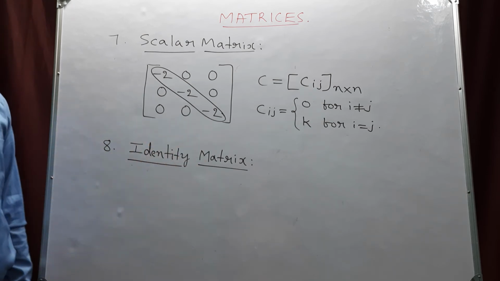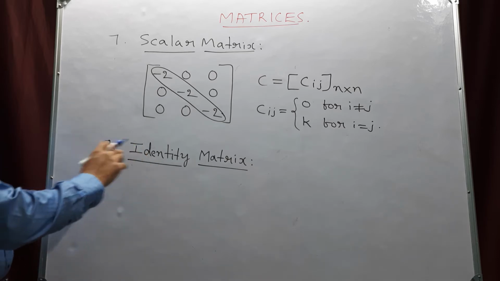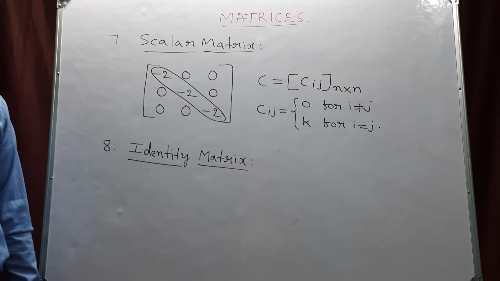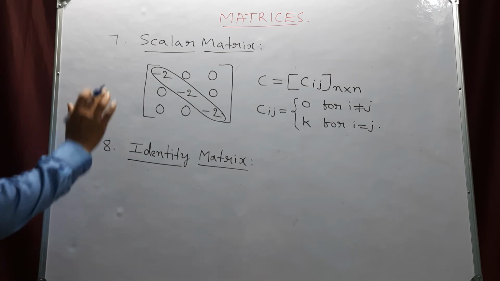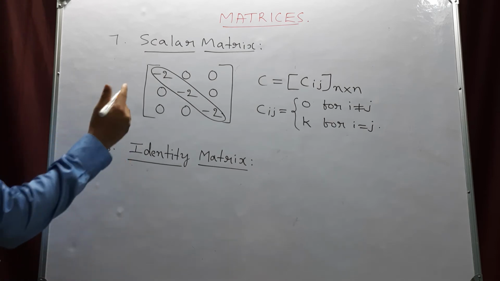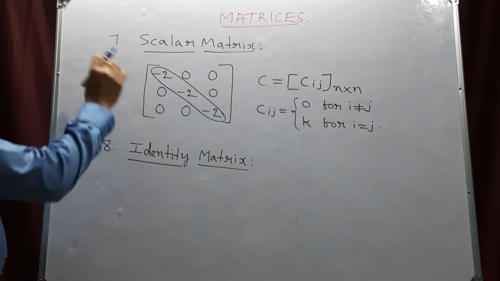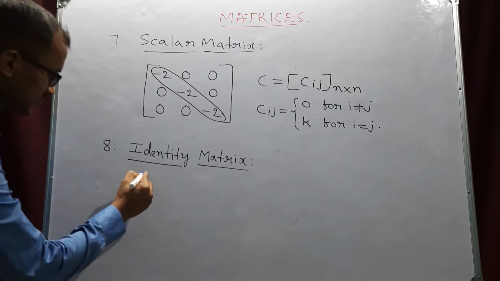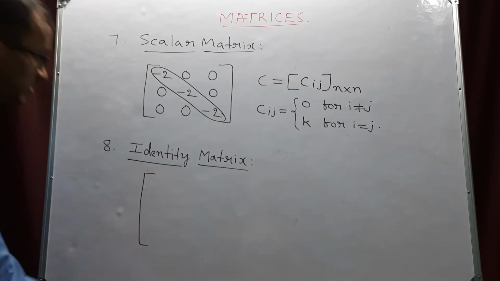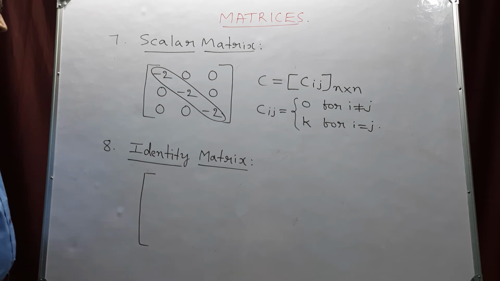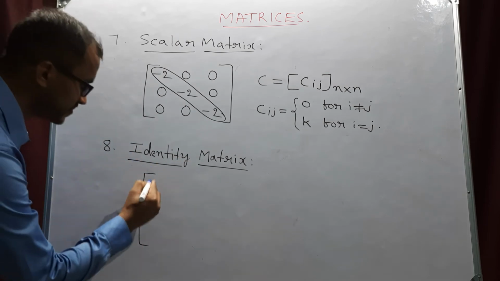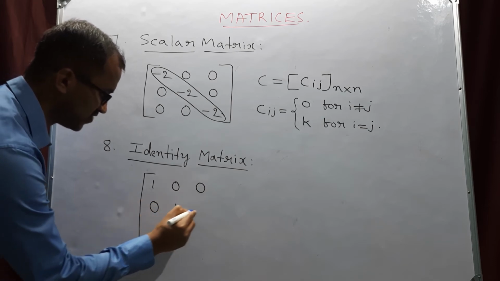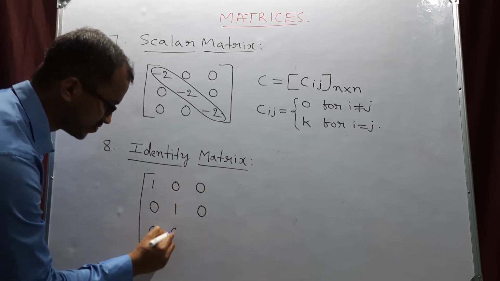A diagonal matrix is said to be an identity matrix if all the diagonal elements are 1. Again it should be a diagonal matrix, and the diagonal elements should be 1. If I consider a 3 by 3 identity matrix, I can write it as 1 0 0, 0 1 0, 0 0 1.